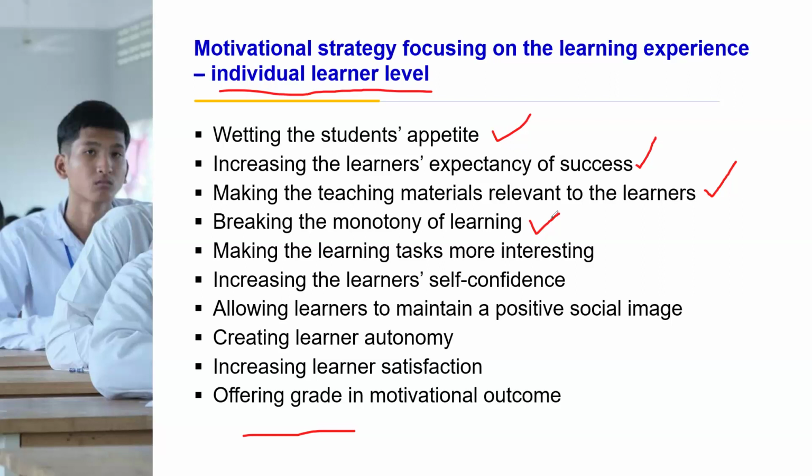And the next one is about making learning tasks more interesting. That is also relevant to the previous one, to get students' attention and involvement. So the teacher needs to do that, and it should also be relevant to the learners' preferences.